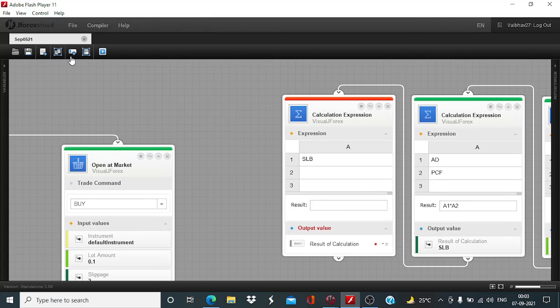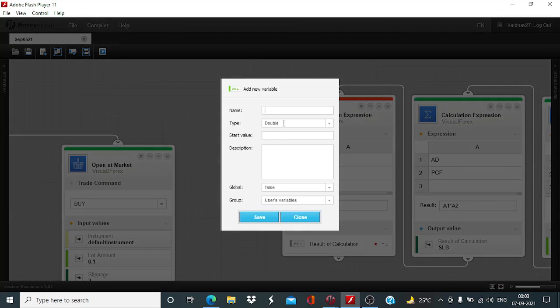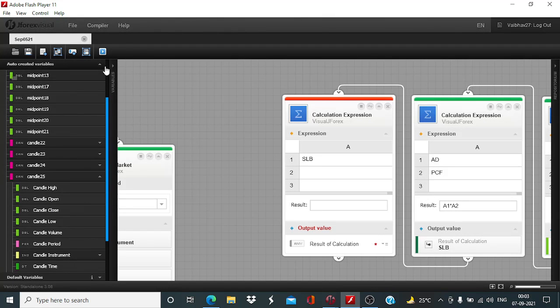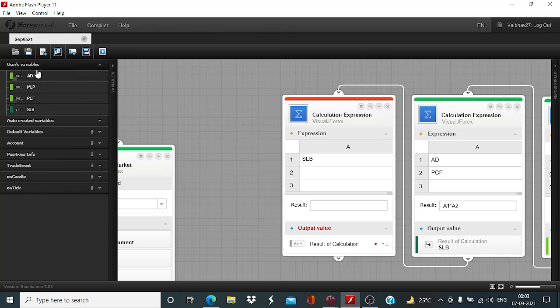So let me create a new variable again with the start value of 2. Now we do A1 into A2.